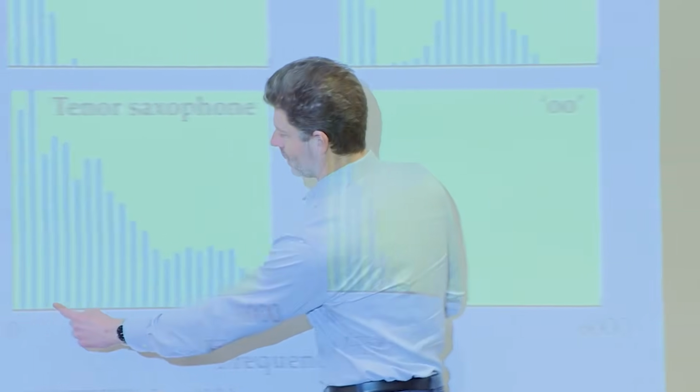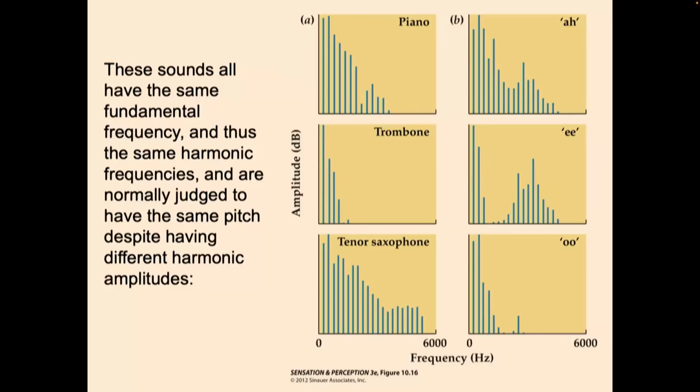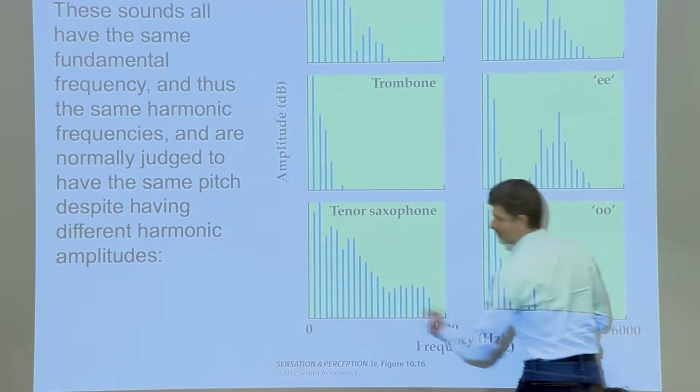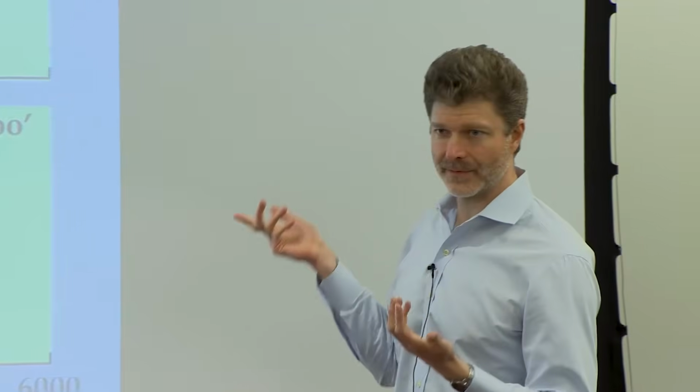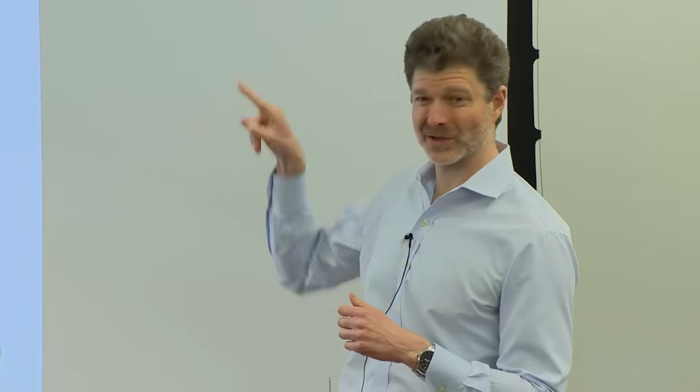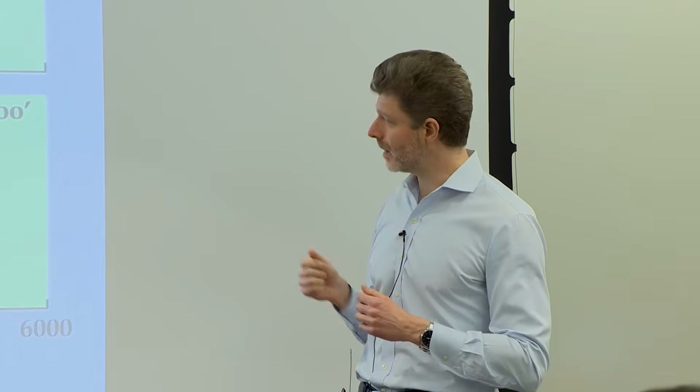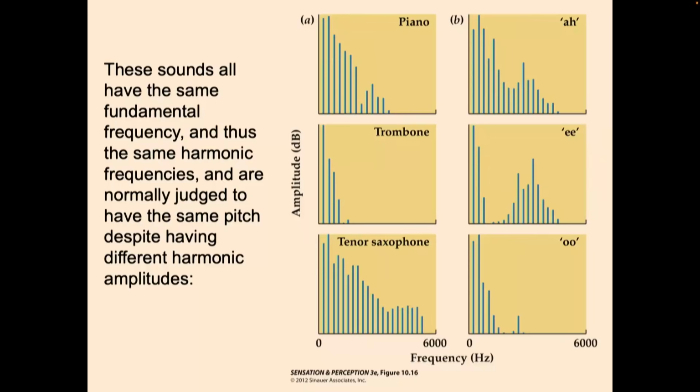You can see that the lowest frequency is the same across all of these sounds, and the spacing between the frequencies they contain is the same. They have the same harmonic series, but they've been passed through different filters, and at the end of the lecture we're going to talk about timbre. We would describe these sounds as having different timbres, but they've got the same fundamental frequency, or F0.